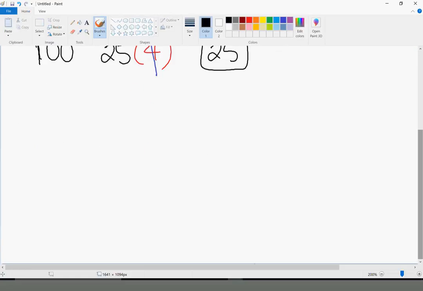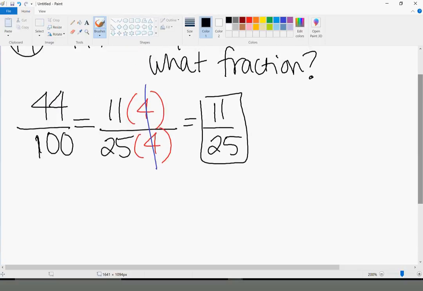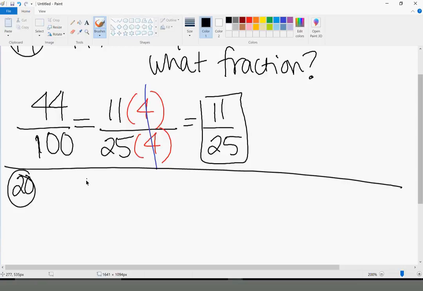Okay, 20 is asking that 0.8 is equal to what percent?